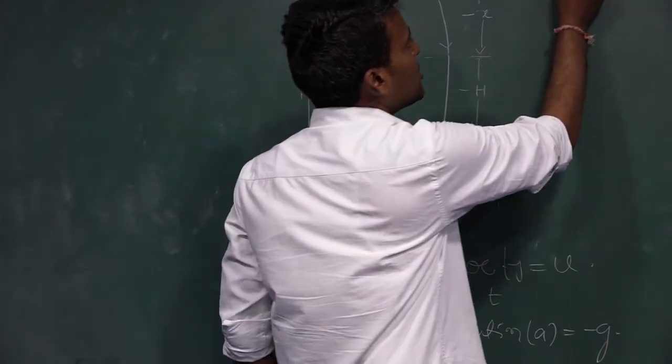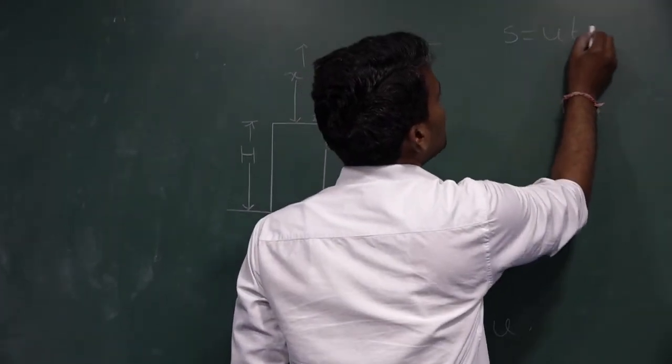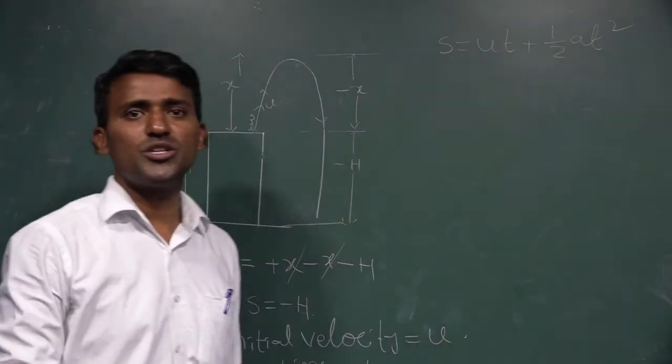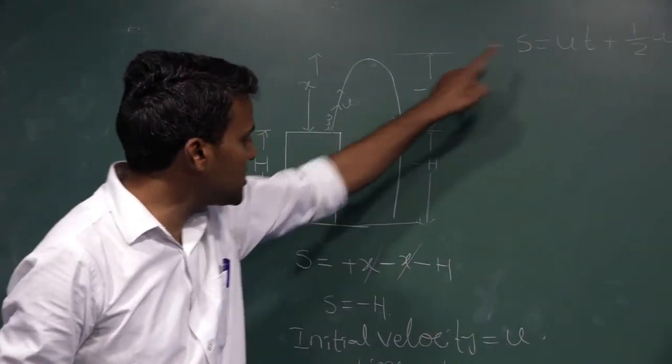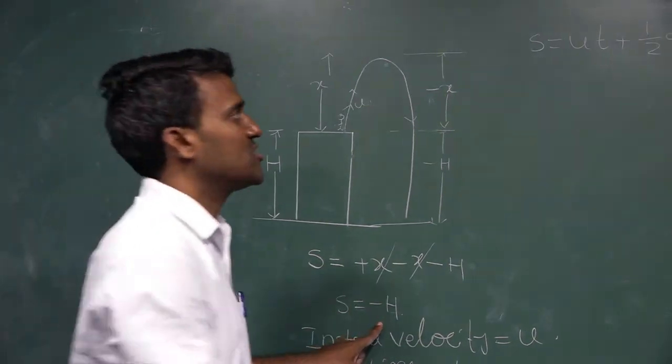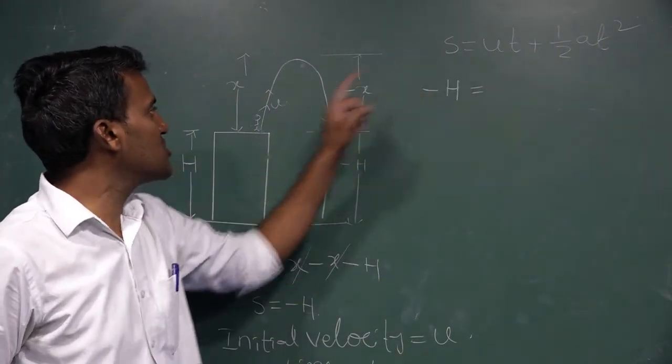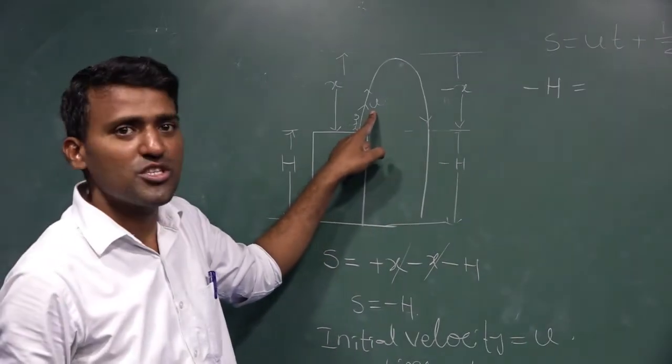Now take the second equation of motion. S is equal to ut plus half at square. Here S is what we got: minus h. So I am writing minus h, equal to the initial velocity. With what initial velocity is the object projected? u.